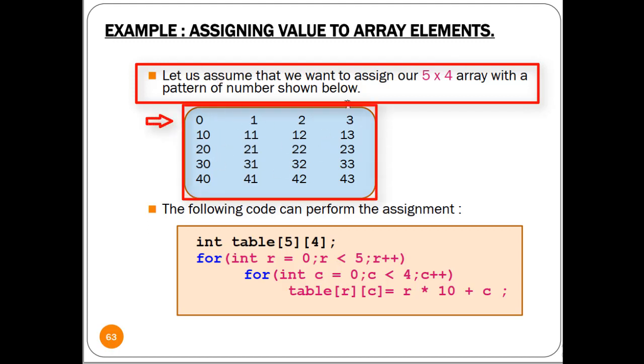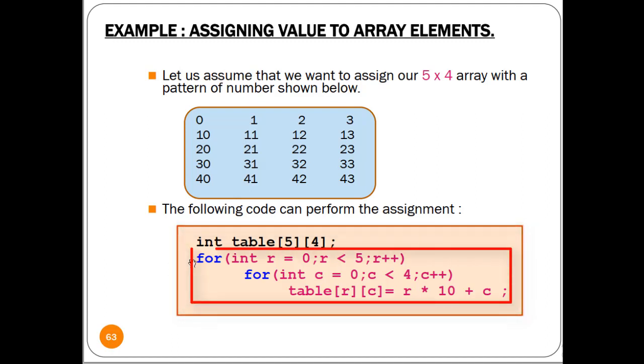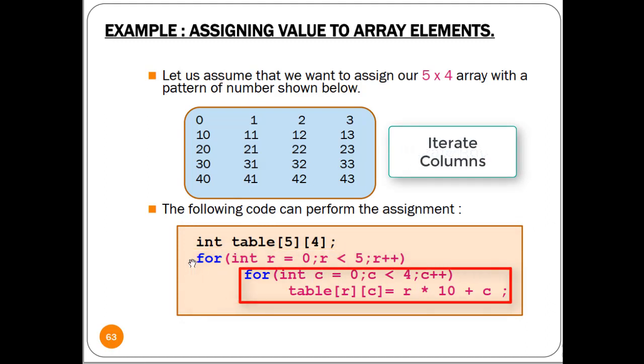In this example, we want to assign this pattern of numbers to a 2D array. Let us assume that we want to assign our 5 times 4 array with the pattern of numbers shown below. We're going to need a nested for loop for this operation. The outer for loop will iterate through the rows and the inner for loop will iterate through the columns.